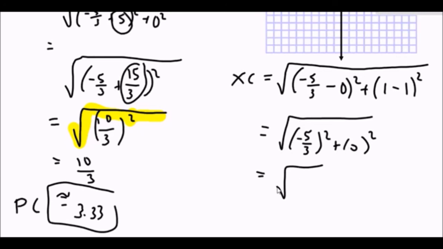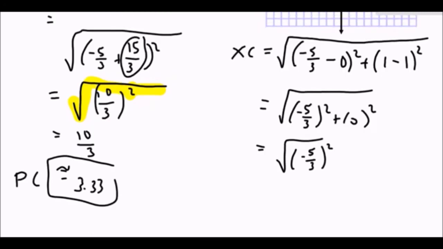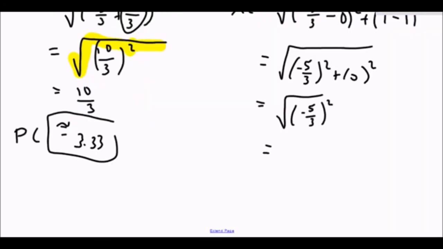So I end up with the square root of negative 5 over 3 squared. And again, squaring and square rooting cancel themselves out, except be careful, because if I square a negative, I get a positive, and square rooting a positive gives me a positive. So I actually get 5 over 3. And in my calculator, 5 divided by 3 is about 1.67.